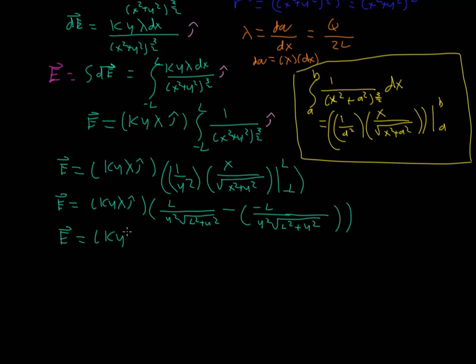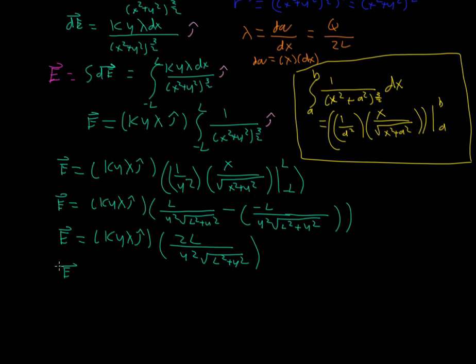So k lambda j hat, 2L over y squared, square root of L squared plus y squared. And let's see, we can write this a little cleaner, so we can cancel these y's.